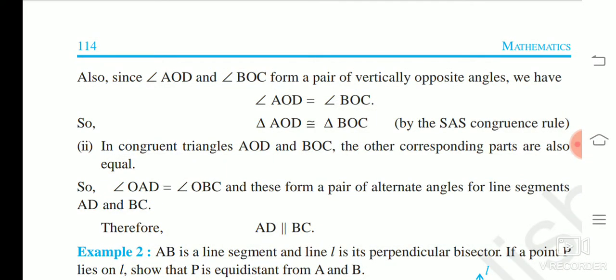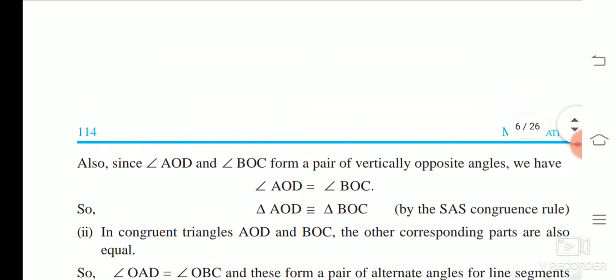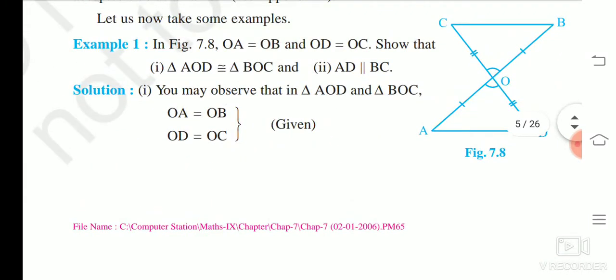So next, in the congruent triangles AOD and BOC, the other corresponding parts are also equal, corresponding parts of congruent triangles. So angles OAD and OBC are equal. They are alternate interior angles.